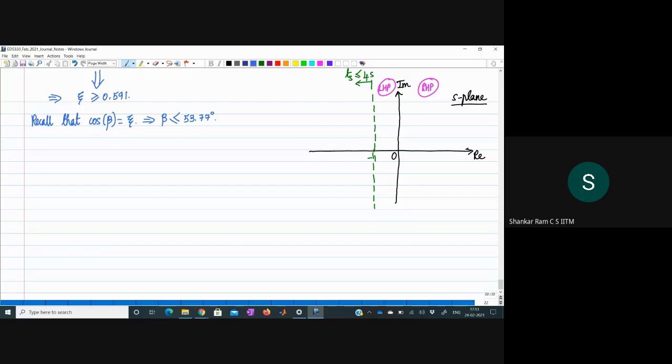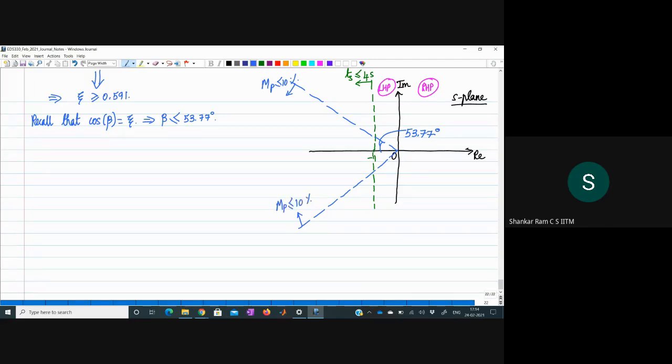All right. So with this, we can immediately see that we have essentially reduced this problem of having the peak overshoot to be less than 10% to an equivalent region in the S-plane where I draw two lines that make an angle of 53.77 degrees. Okay, and all poles which lie within this region will satisfy the constraint of the peak overshoot to be less than 10%.